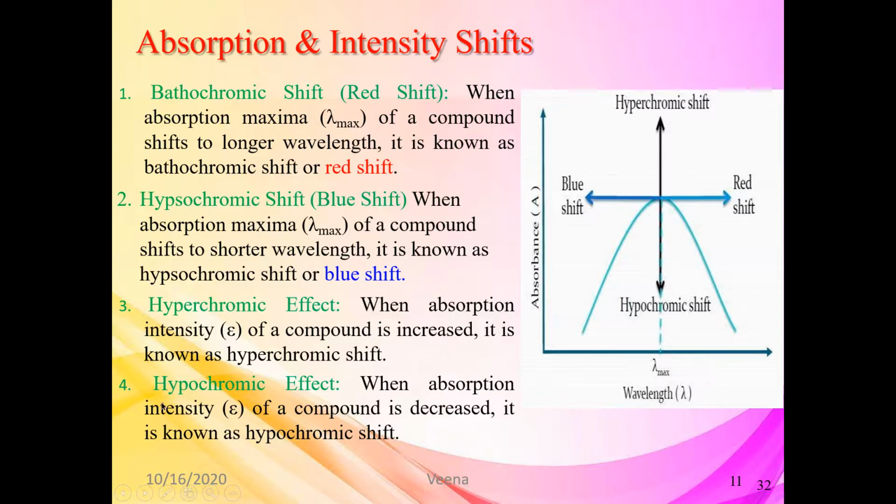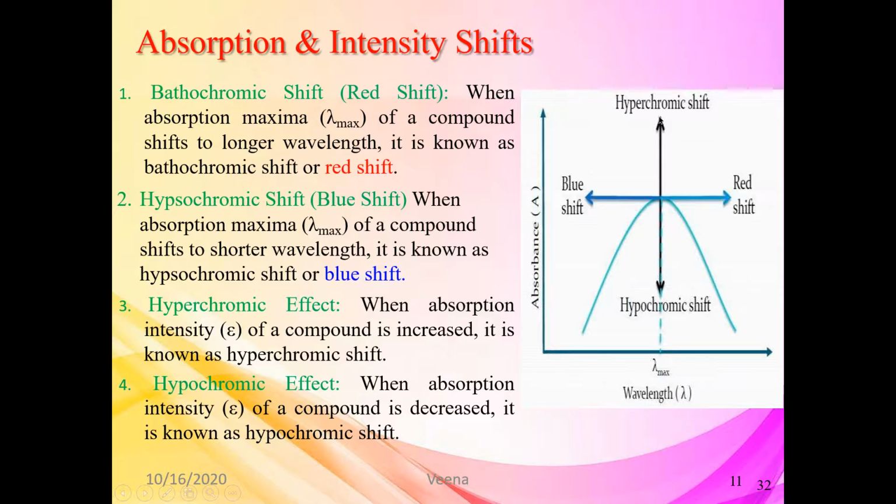So these are the four terms which are used to explain the shift in the position of the lambda max value with a change in the structure of the molecule or change in the solvent. So redshift is associated with the increase in the lambda max value, and blue shift is associated with the decrease in the lambda max value.